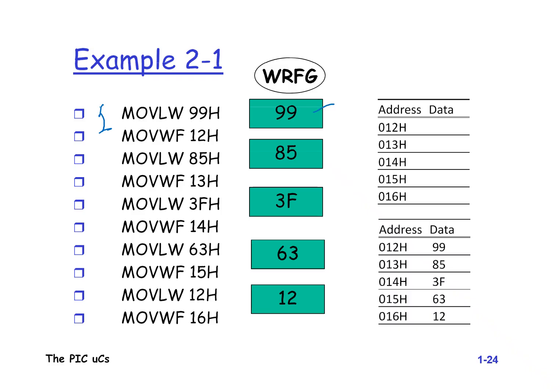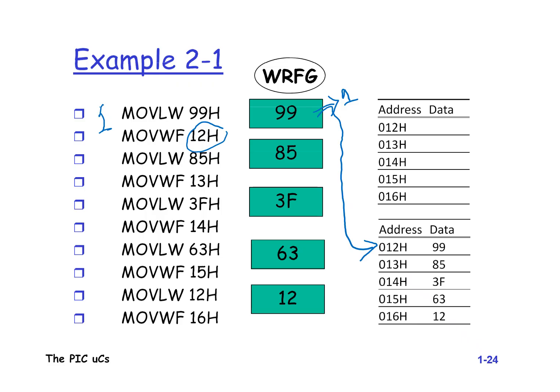What is the second instruction? In the second instruction, the working register information is moved to the file register, where the address location is 12H. This means this information will now be moved to the address 12H.